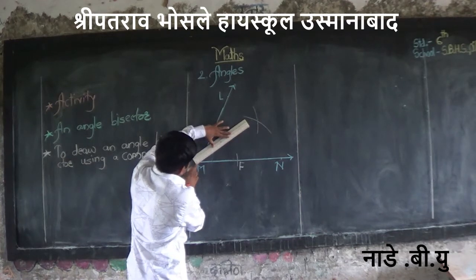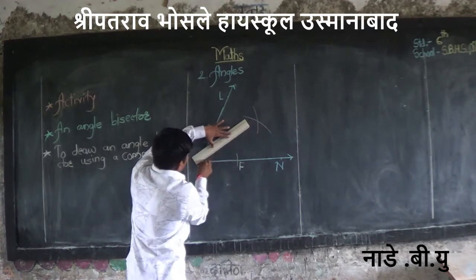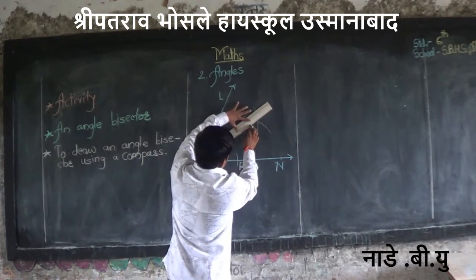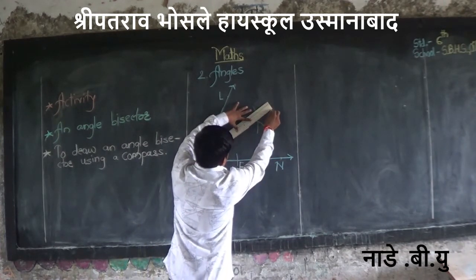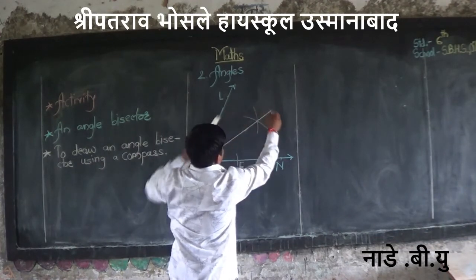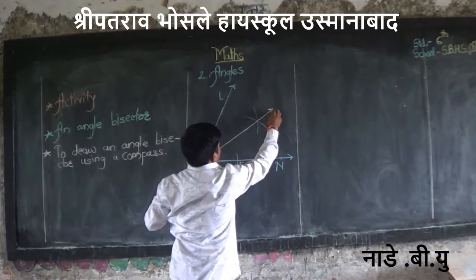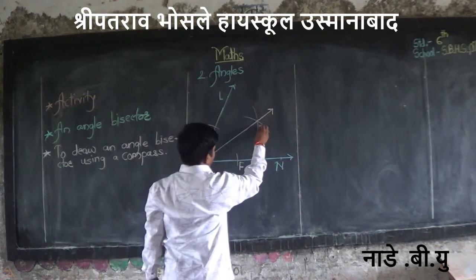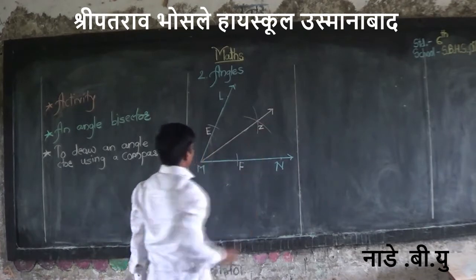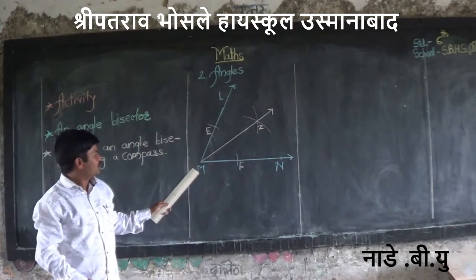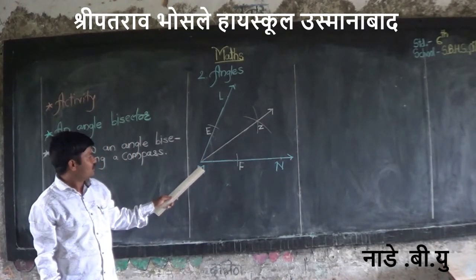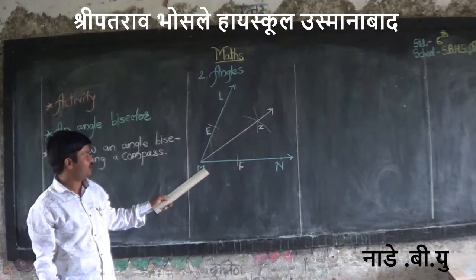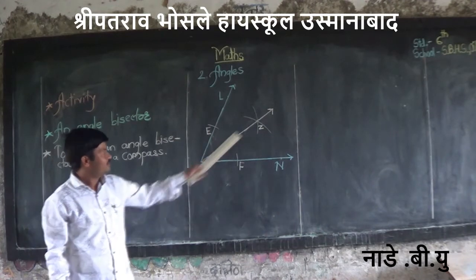Here, draw the line. Name the new point Z. The angle bisector is MZ.